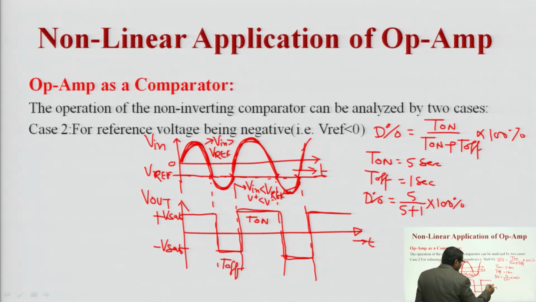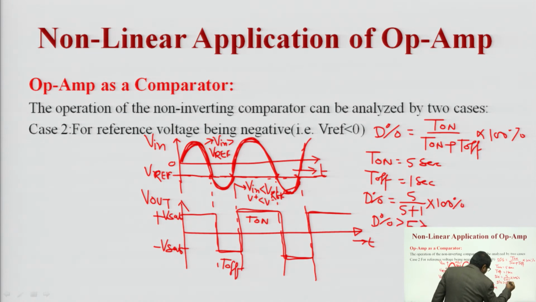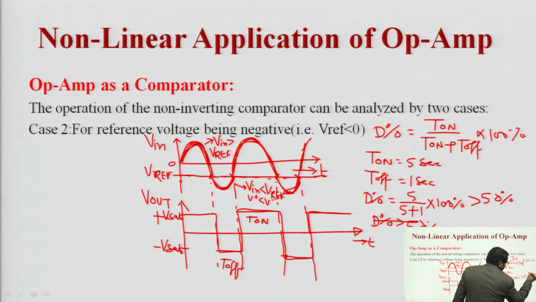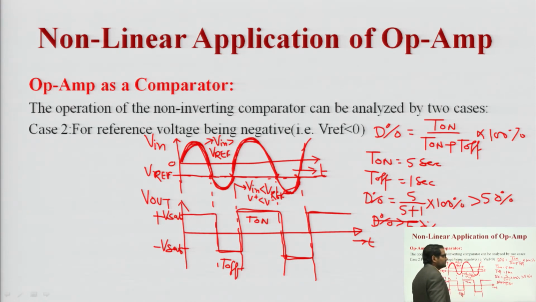So, we can say that the duty cycle is greater than 50% for this example. This is the difference between taking the V reference positive and negative.